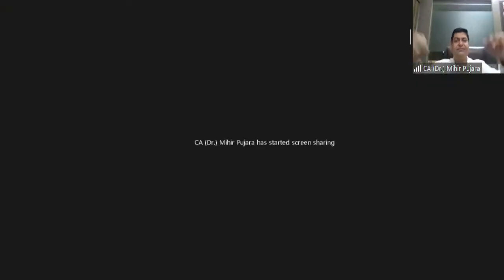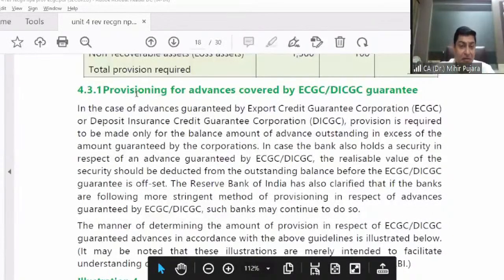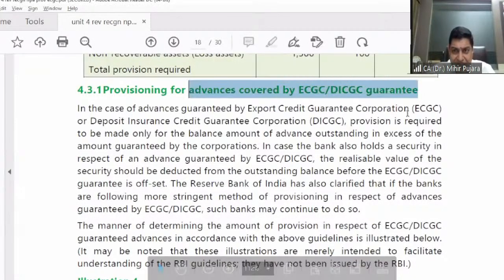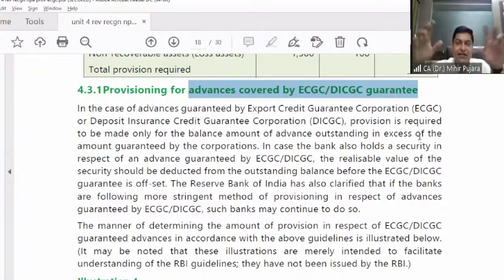Okay, guys. Now switching over to a new concept: provisioning for advances when covered by ECGC or DICGC. This is an extra security given by the government to the bank.